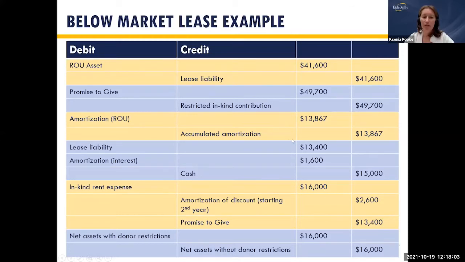So amortization of the right of use asset and lease liability. And here I'm presenting you with the example of a journal entry you would record for the second year of the discount, because again, during the first year, promises to give are not amortized.